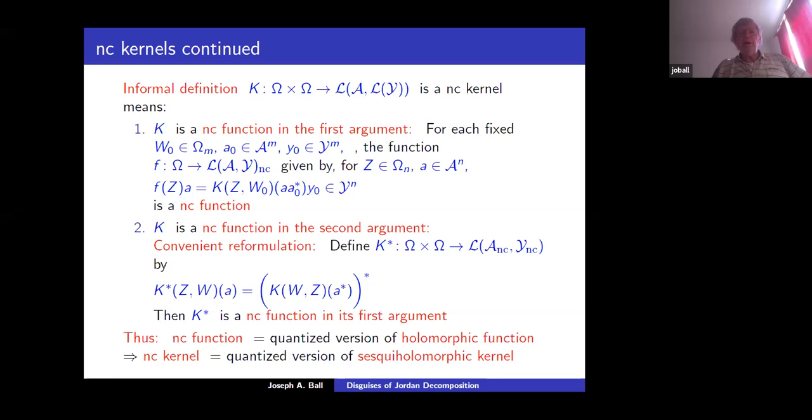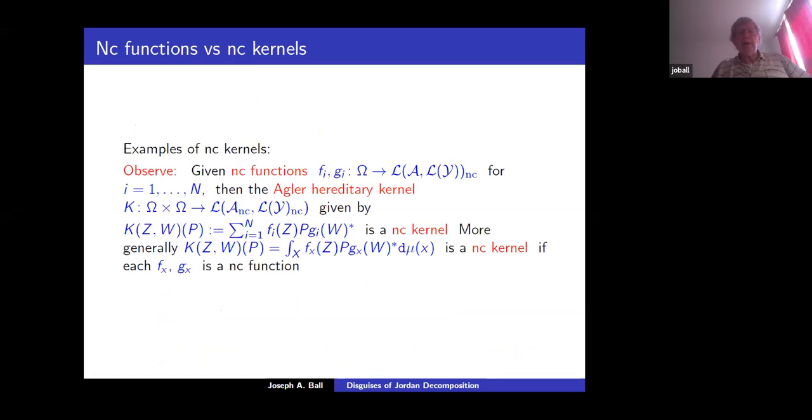If omega equals omega 1 is a single point, then we have what's called a completely positive map in operator algebra theory. And the Kolmogorov decomposition for K is a famous result in operator algebra theory, that completely positive maps have a Stinespring representation.